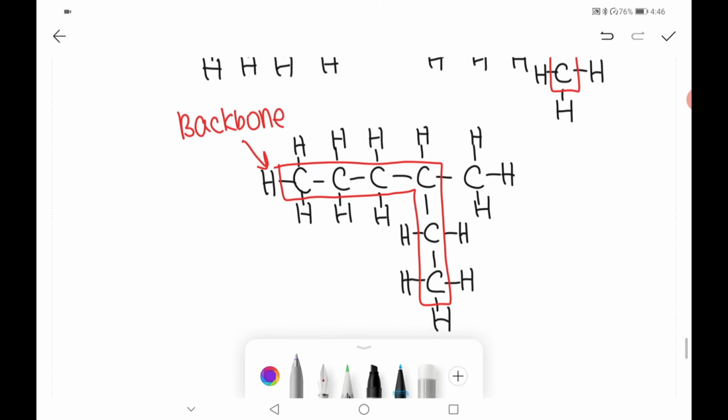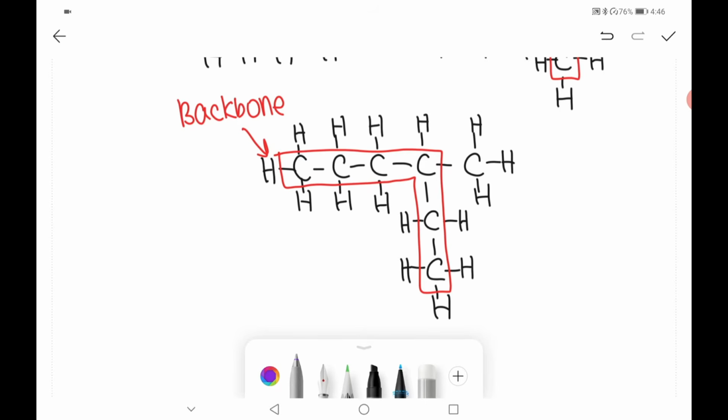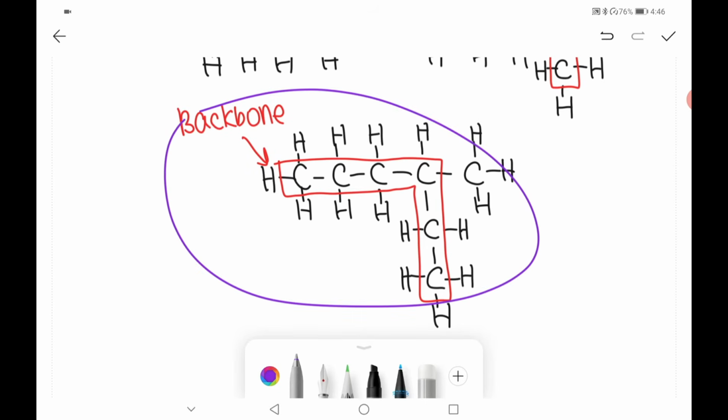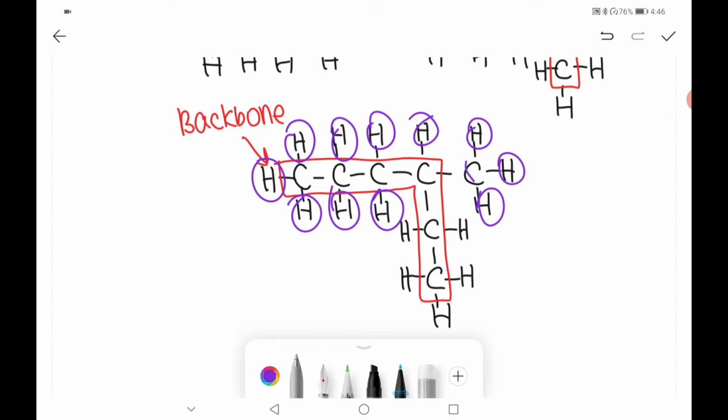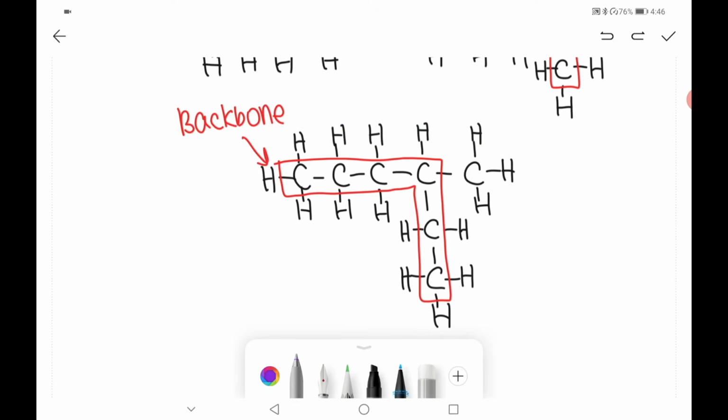What about the last one? This is the last diagram. Who is not inside the backbone? All these. But we know hydrogen is not counted as a branch, right? So who can be called a branch here?